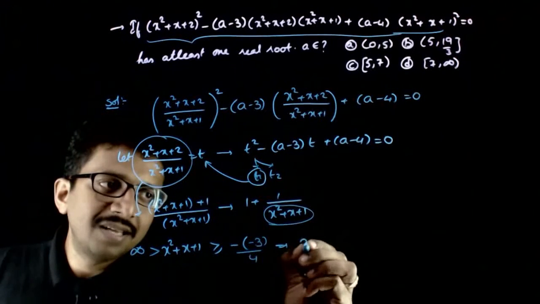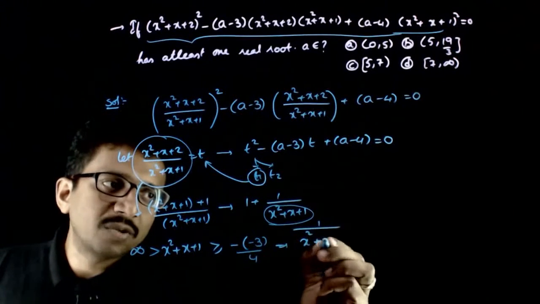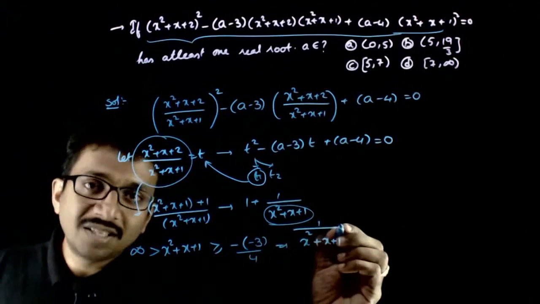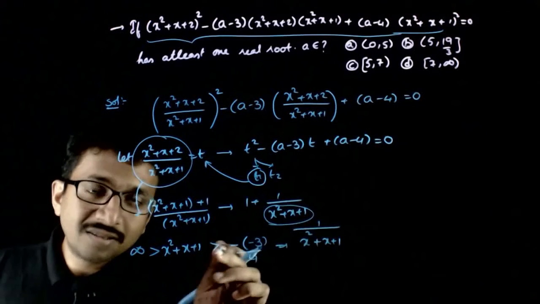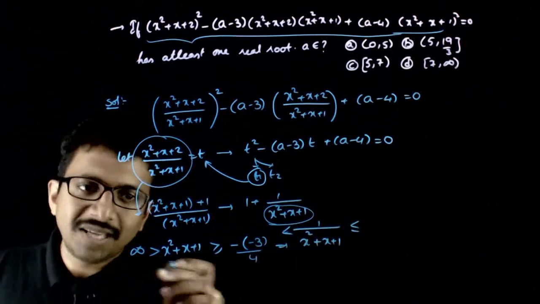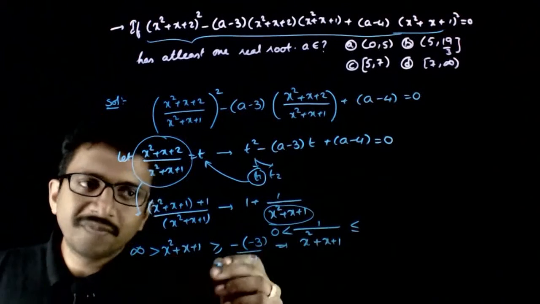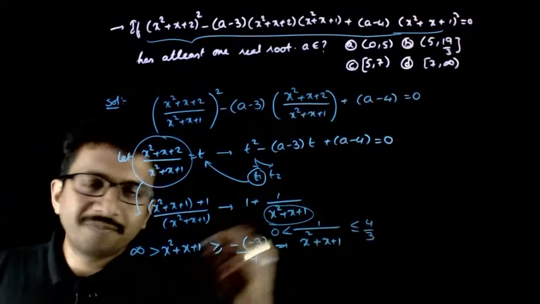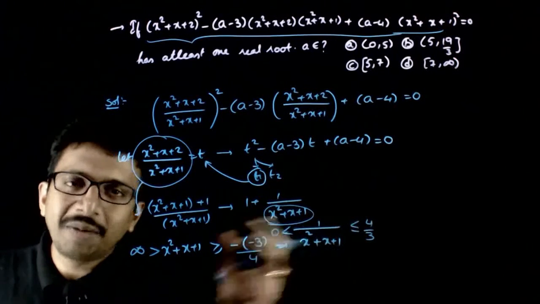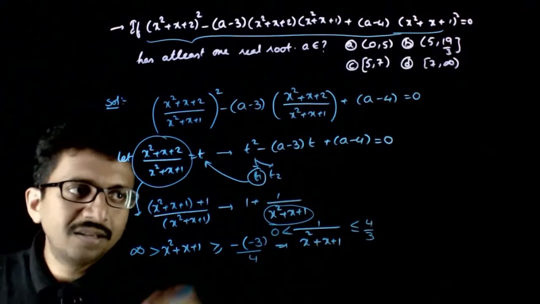So this implies 1/(x² + x + 1): if I reciprocate this, the signs get reversed. So this becomes less than or equal to 4/3 and greater than 0, since 1/infinity is 0. So 1/(x² + x + 1) always lies between 0 and 4/3.